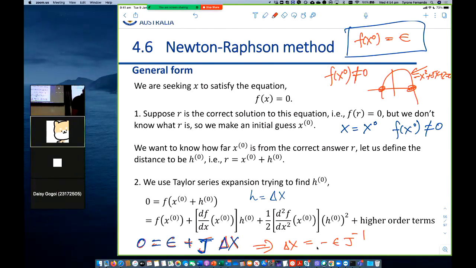Suppose that I have an equation f(x) equal to 0, like a quadratic equation, x squared plus 2x plus 1 equal to 0. So in that case, f(x) is x squared plus 2x plus 1. Some nonlinear equation equal to 0.